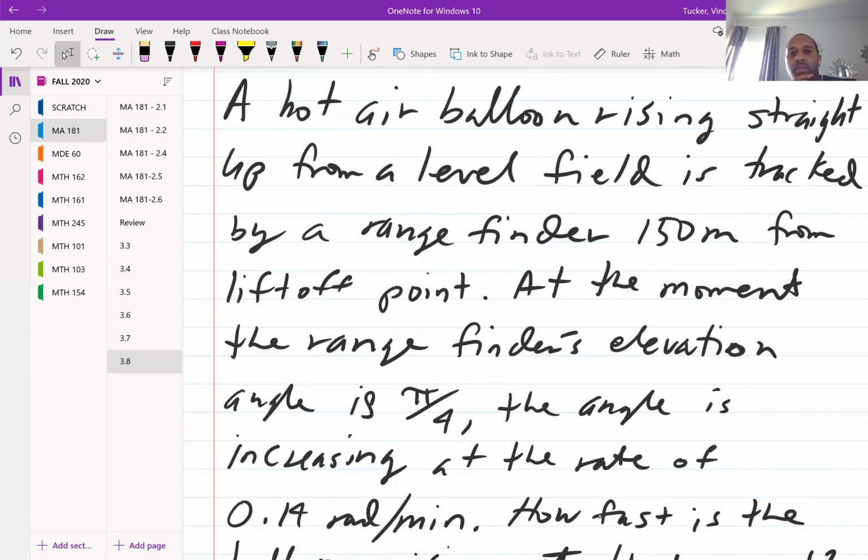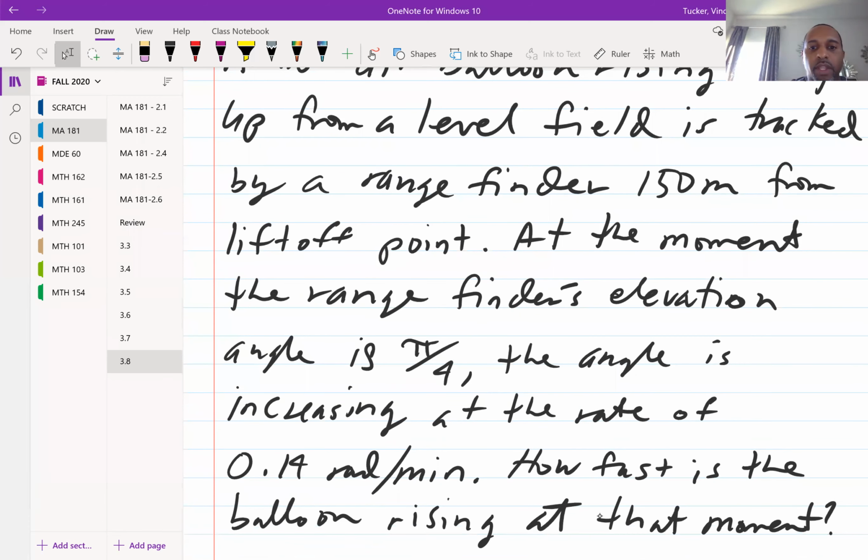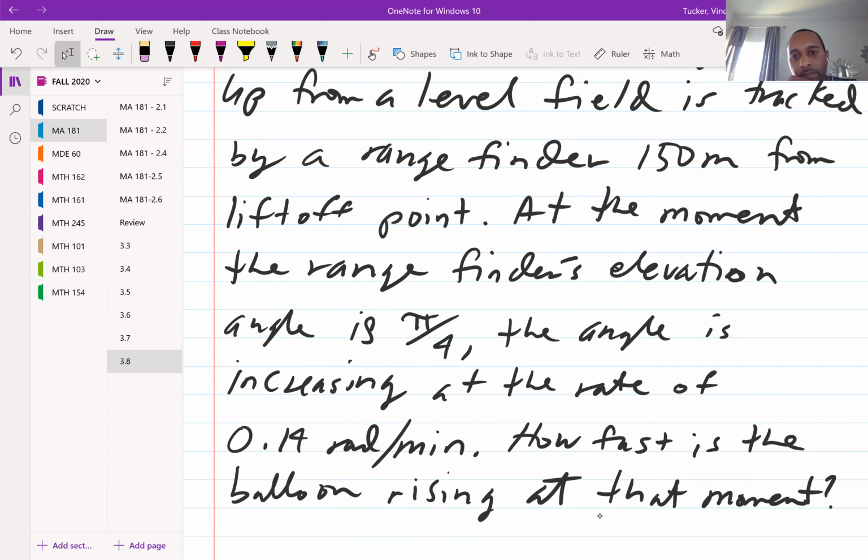So a hot air balloon rising straight up from a level field is tracked by a rangefinder 150 meters from liftoff point. At the moment, the rangefinder's elevation angle is pi over 4. The angle is increasing at the rate of 0.14 radians per minute. How fast is the balloon rising at that moment?